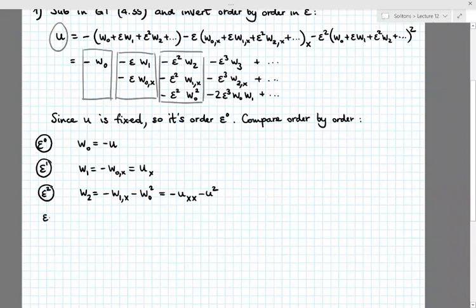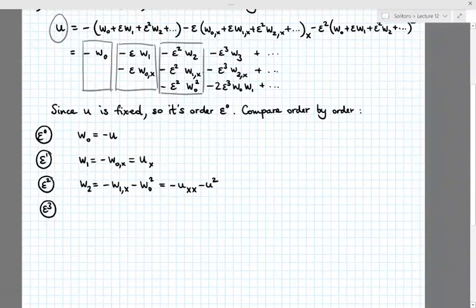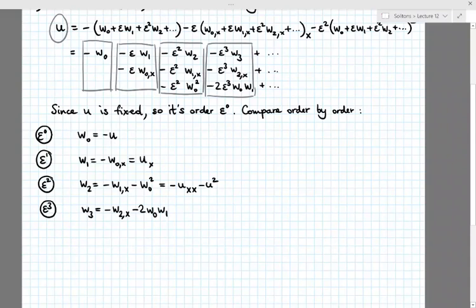Finally, we have order epsilon cubed. Again, there's nothing on the left-hand side, and so we have to set to 0 the sum of the terms in the fourth column on the right-hand side, which implies that W_3 is equal to minus W_2 partial derivative with respect to x minus 2 W_0 W_1.